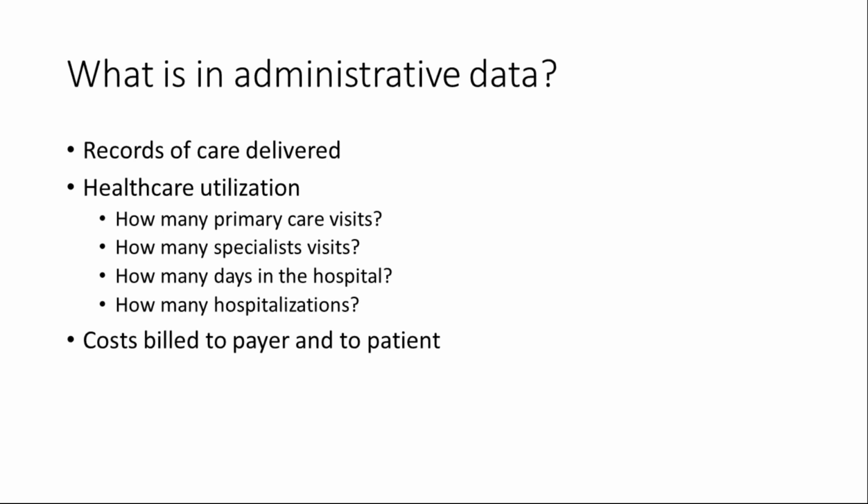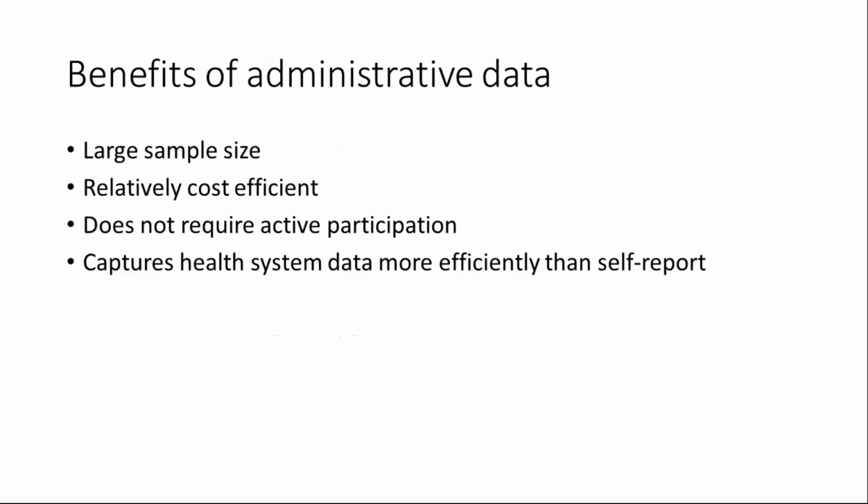They use several different mechanisms of calculating cost, total cost to the healthcare, like the societal measures of cost, costs that are captured by the patient, only what's billed. We don't know some of the other costs that surround the care, but we can capture what's available within the claims. Benefits: large sample sizes. This is especially helpful when you have diseases or outcomes that are particularly rare and you're trying to capture quite a bit of information.